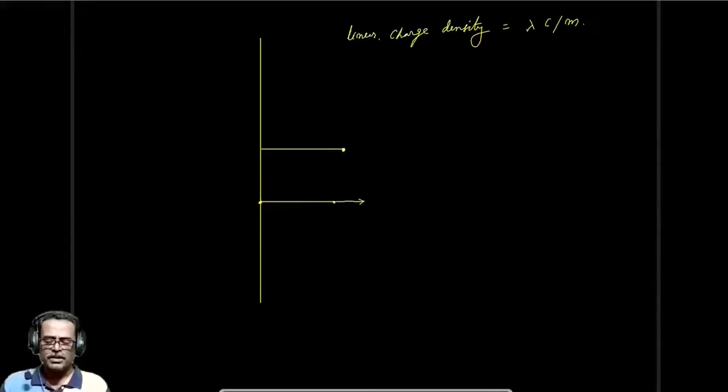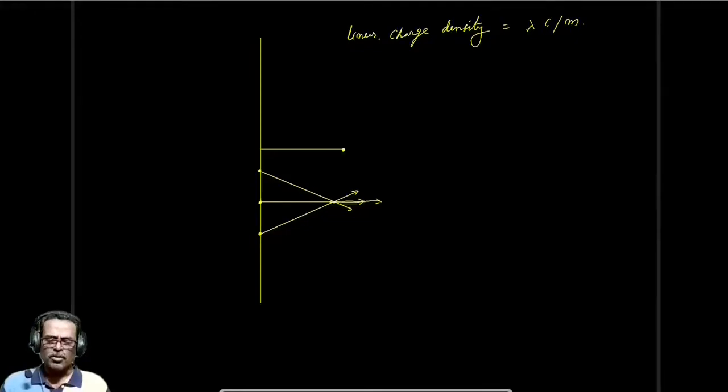But if we consider a pair of points equidistant from the foot of the perpendicular, this and this both are equidistant. The resultant field due to these two point charges will be along these two directions, and if we resolve it, we will observe that the resultant field will be along the perpendicular bisector.